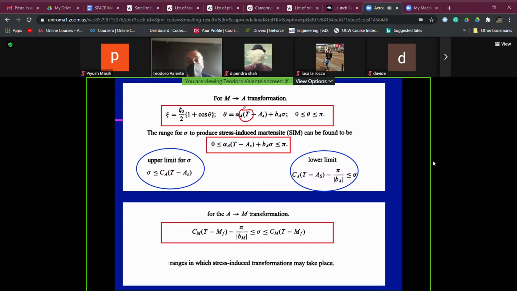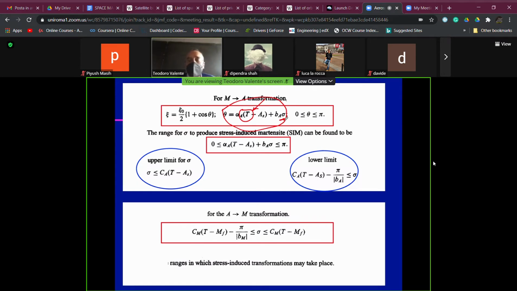And because we already have said that the temperature is in the range between Md and austenite finish Af, we can have a variation, as you can see, of the angle theta, which is defined in this way completely, even though we keep the temperature here constant, but we apply a stress which is variable.